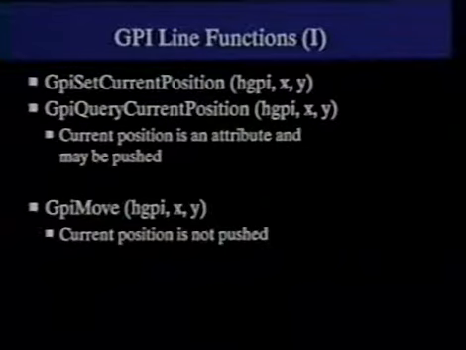In the event that the current attribute is push type, the current position setting function will have the effect of pushing that current position so you can get back to it later on. GPI's move function is provided in the event that you don't want to push and yet the attribute type is push. It overrides that current attribute setting.